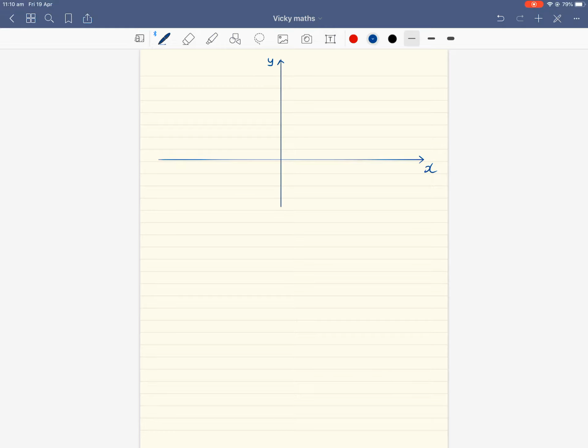When x is 0, y equals 1. It's a pretty steep rise, and then it gets very close to the asymptote, but won't ever touch it. Like that. Now that is y equals 2 to the x.